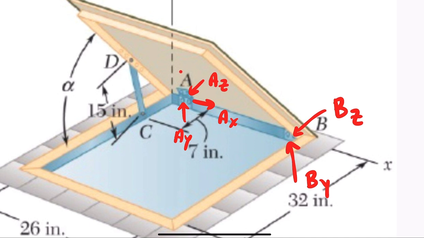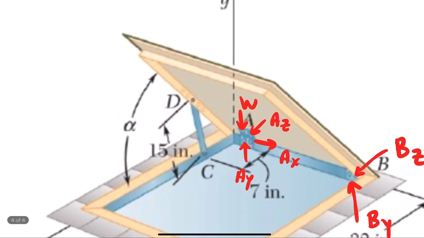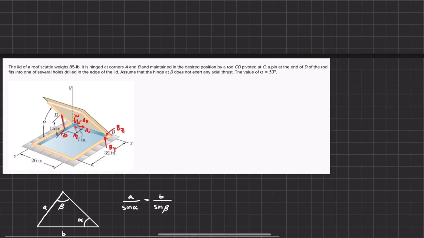At the center of the plate, we have the weight going down, and then notice this rod right here acts a lot like the tension that we've been dealing with in class. So instead of drawing our pin forces like dx, dy, and dz, we're just going to draw one force going along the rod, pointing from C to D, and that's FCD. So that's our free body diagram.